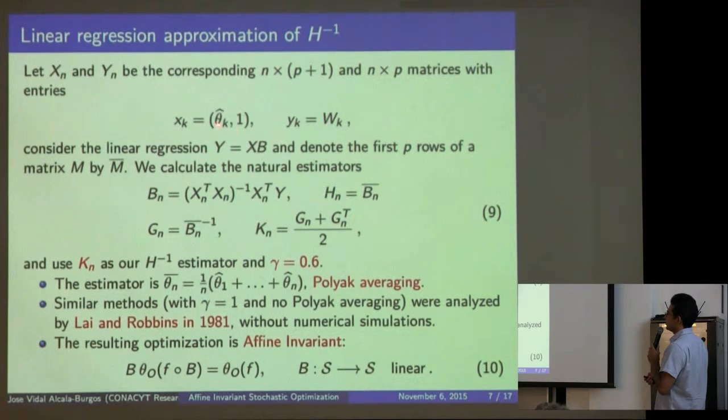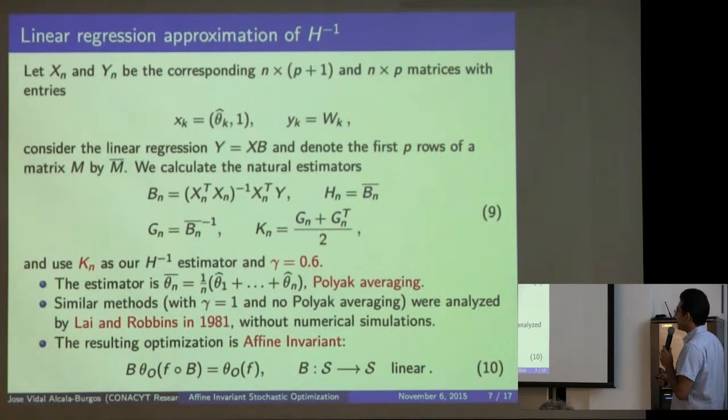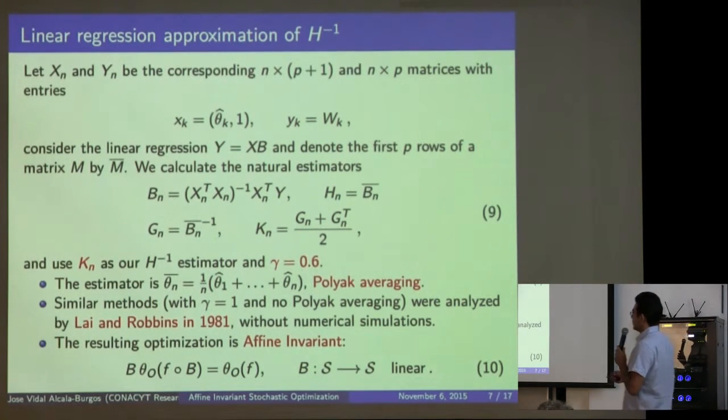So x will be our parameter after k steps, and y will be the gradient. We set up a linear regression with this x and this y. And then, of course, we have the estimator for the parameters of the linear regression, the Bn. And then Hn will be just, well, in the usual regression, here we always put a 1, right?